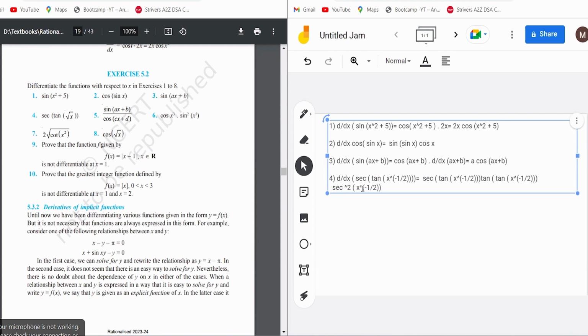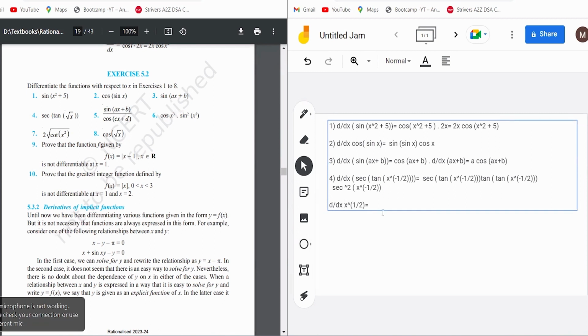Now we have to differentiate inner function root x. So what is the differentiation of root x? This you must have read earlier also. Root x can be written as x to the power half. So let me jot it down. X to the power half. We have to differentiate this function. How can it be differentiated? So this can be done this way. D by dx of x to the power n is nothing but n x to the power n minus 1, which is the basic formula of differentiation.